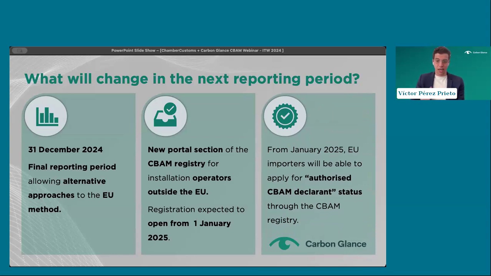Because any EU importer that imports CBAM goods into the European Union will no longer be able to make those imports after 2026 if they have not been granted the status of authorized CBAM declarant, which means that you, as exporters to the EU, won't be able to sell those goods to your clients unless they are authorized CBAM declarants.